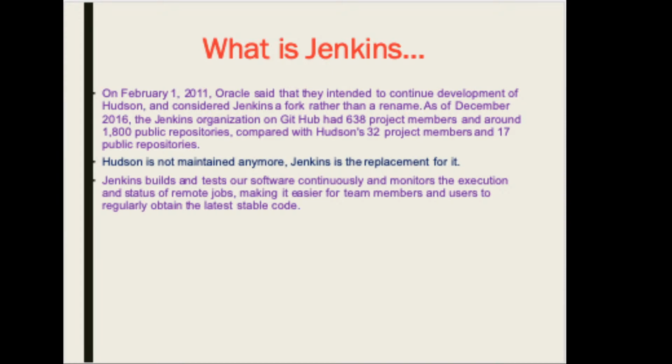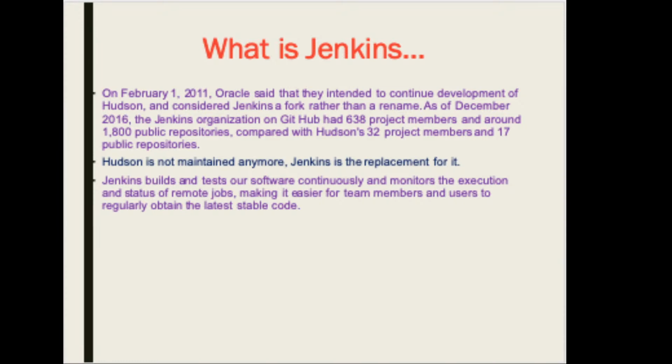Later, in February 2011, Oracle said they wanted to continue the development of Hudson. Then five years down the line, in December 2014, Jenkins on GitHub had 638 project members, 1,800 public repositories, and so on.